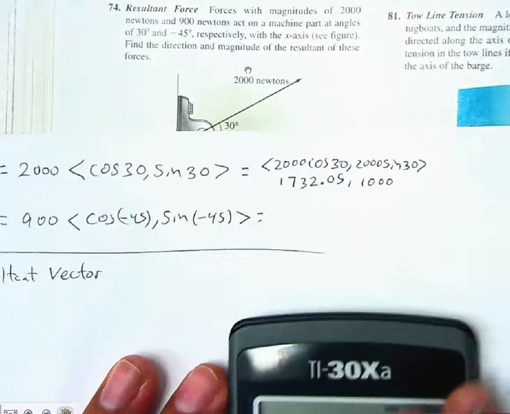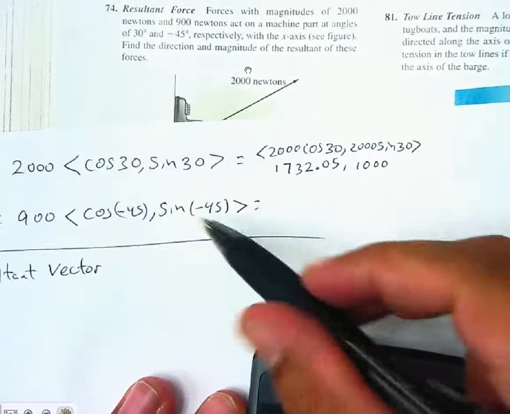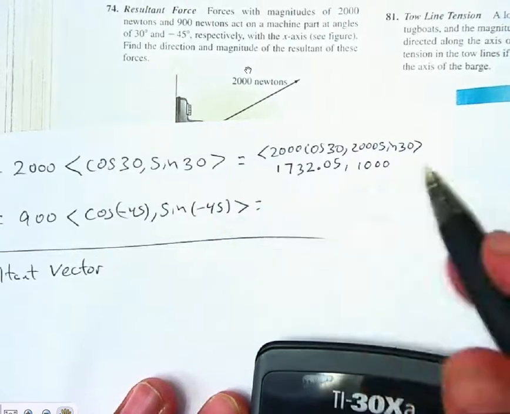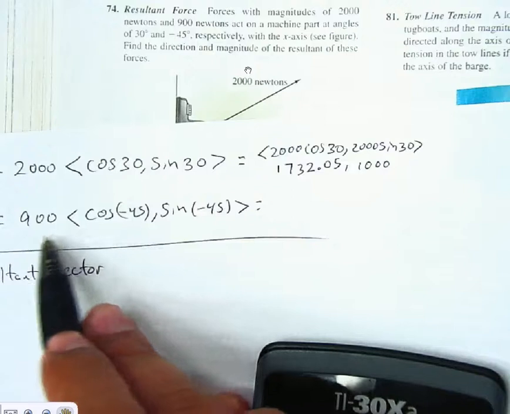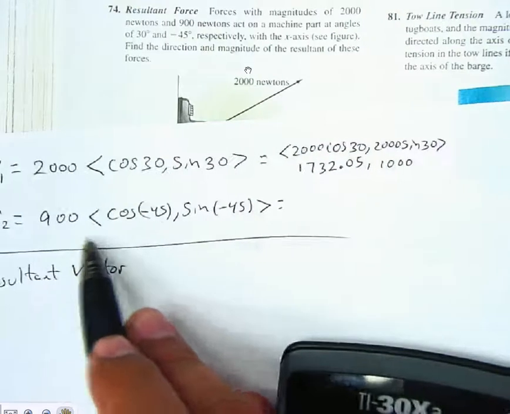And now let's get the approximation for the bottom expression also. So for the bottom force, let's distribute the 900 inside.